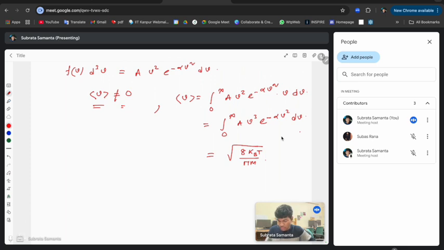I give the values of alpha and a: the value of a is (m over 2 kBT) to the power 3 by 2, times 4 over square root of pi, and alpha is m over 2 kBT.